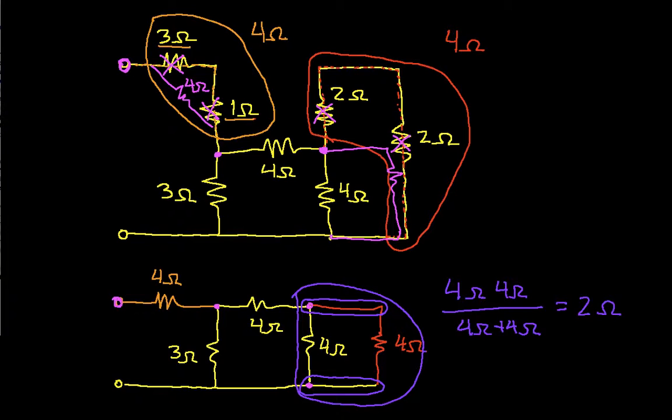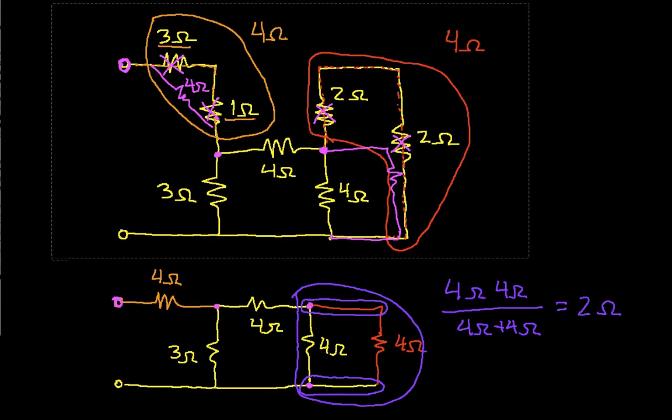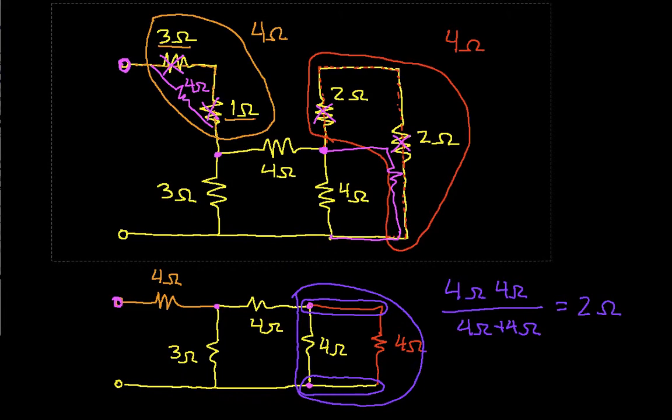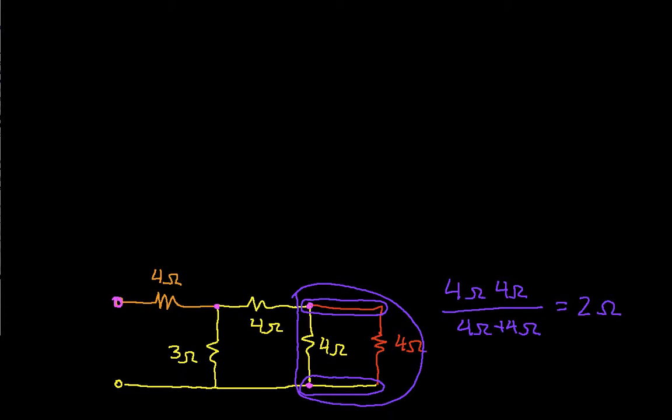Well, I can't find any other resistors that are in parallel or series right now, so I'll redraw my diagram. And to do that, we'll clear up some space up here. So now when I redraw my diagram, I still have this 4 ohm resistor.